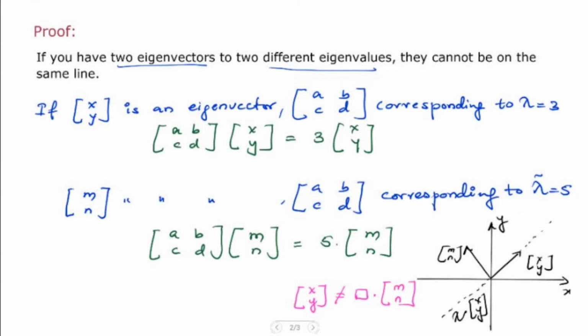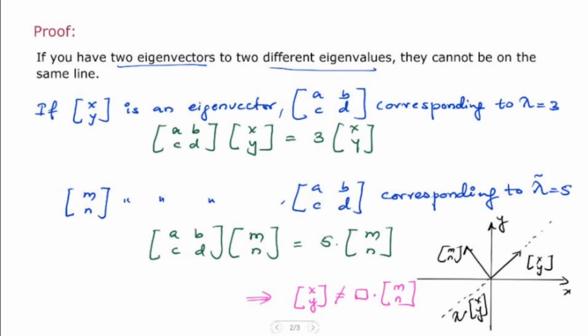So that's what it means by not being on the same line. The two vectors to two different eigenvalues are not on the same line, and if you write that down, it would look like this: vector x, y is not on the same line with vector m, n, so it's not equal to any real number times the vector m, n.